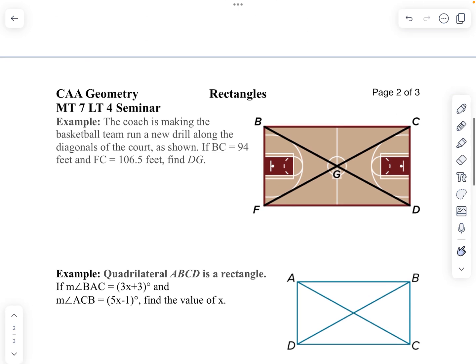So if we take a look at our first example here, the coach is making a basketball team run a new drill along the diagonal of the court as shown. We know B to C is 94, so I'll put in 94 there. And we know F to C is 106.5.